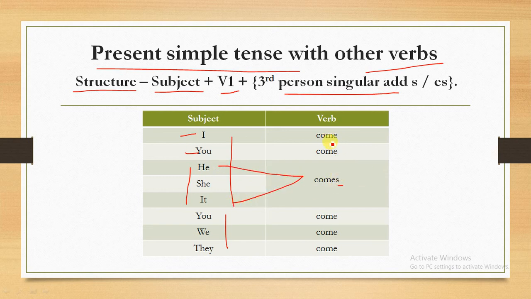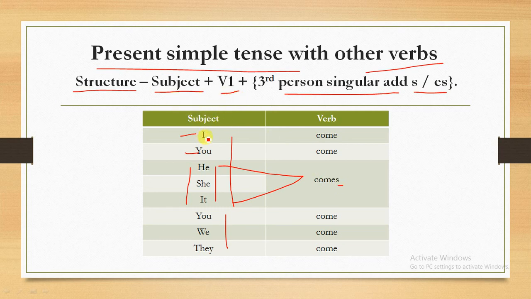Here you need to understand one thing. This is applicable only if we are talking about the third person, meaning he, she, it, right? Only in this case we need to add s or es with the verb. So subject plus verb 1.